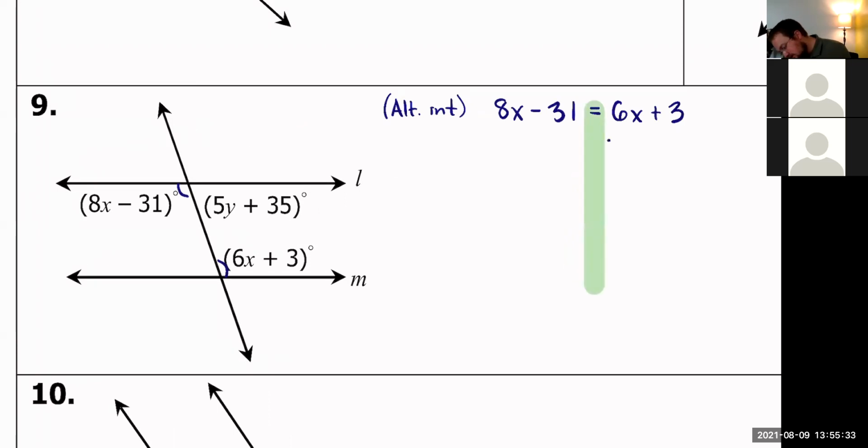Solve that real quick. Get the variable to one side first. Subtract 6x from both sides. I get 2x minus 31 equals 3.